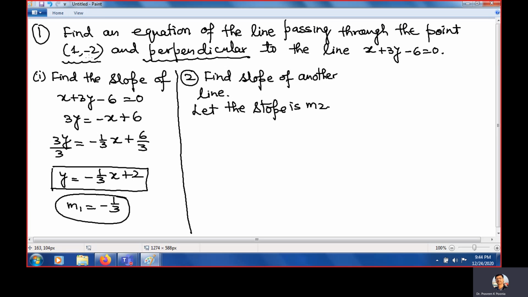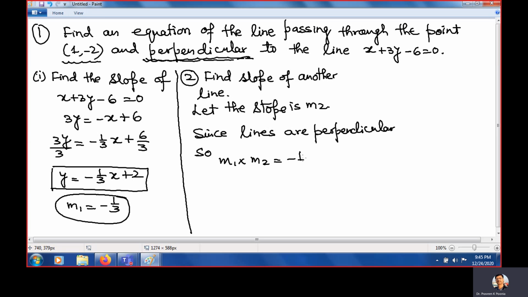Let the slope of this line be m2. Since the condition is there, what? That the two lines are perpendicular. Since the lines are perpendicular, so m1 into m2 is equal to minus 1.